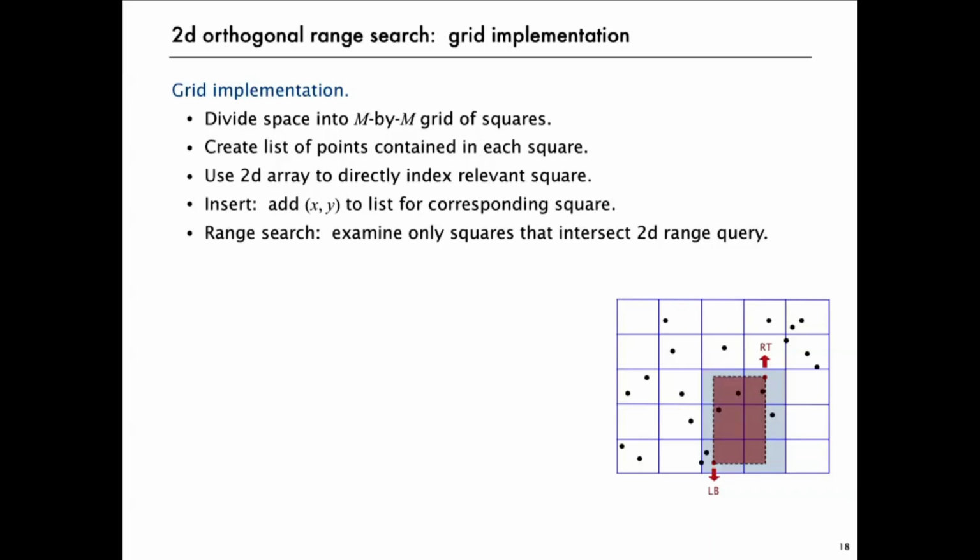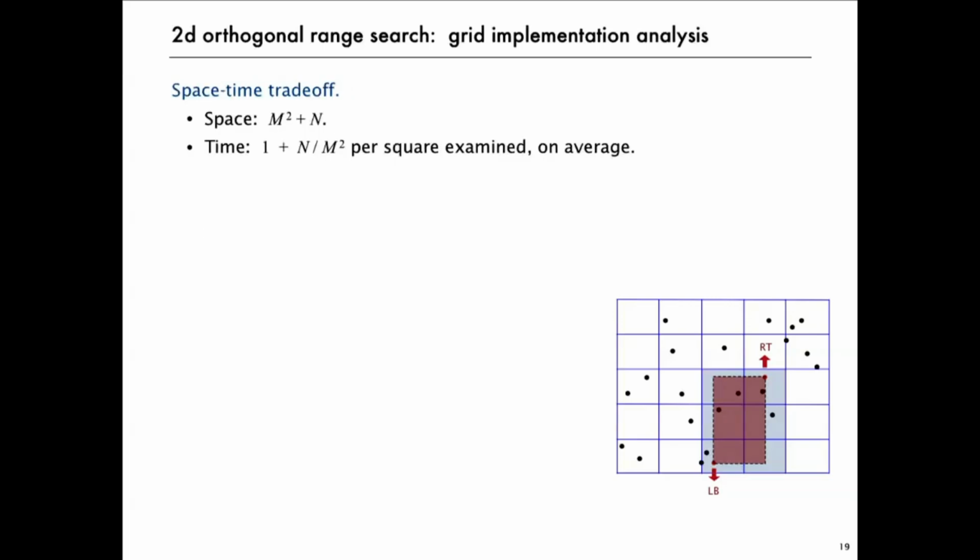And for insert, you just take x, y, figure out which square it belongs to, simply divide both coordinates by m, and look in the two-dimensional array, and just add the point to the list for the corresponding square. And then range search is only find the squares that intersect the query and process the points in that square.